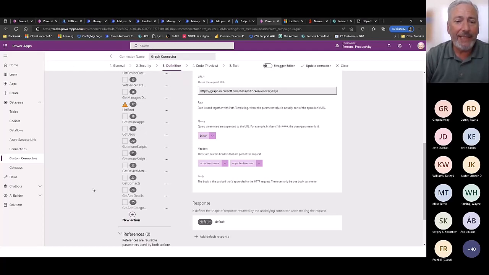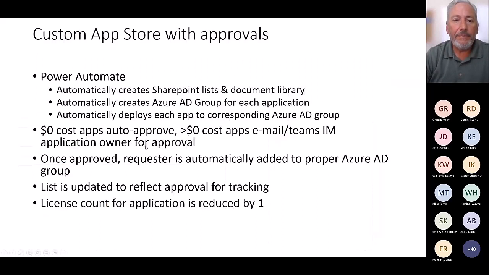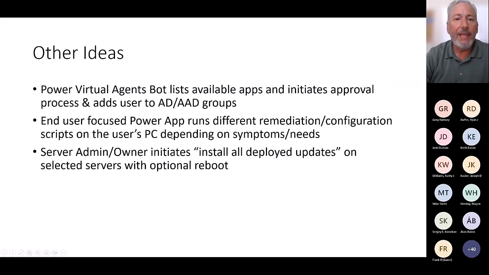So that's the App Store. And that's actually all the things that it does that I just covered. Some other ideas that I've had: I've created a Power Virtual Agent, which is really just a bot that you chat with, that will look up your machine in on-prem config manager via the admin service and give you your MAC address or your IP address.